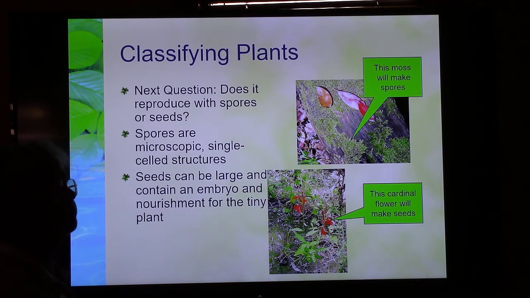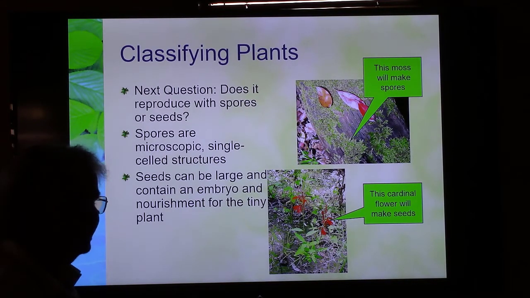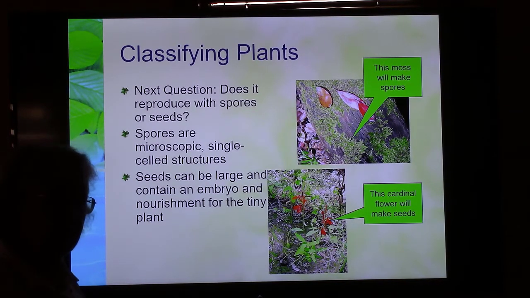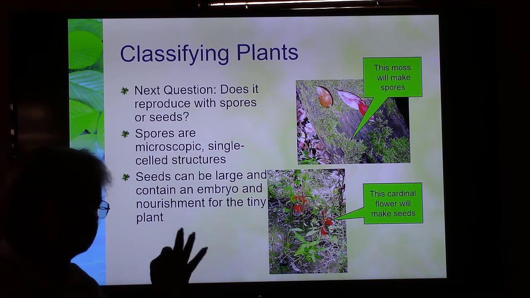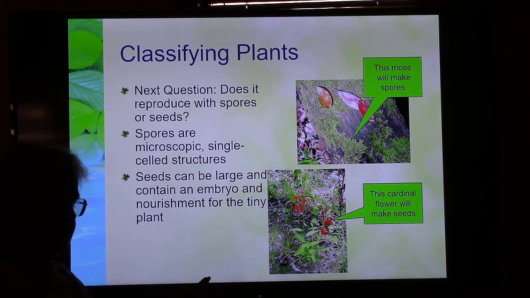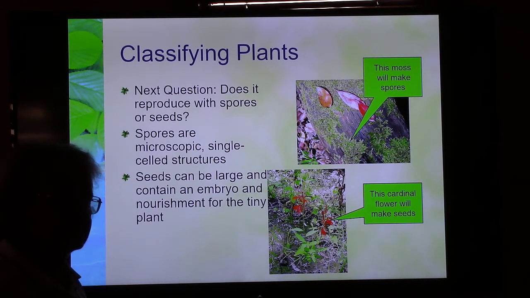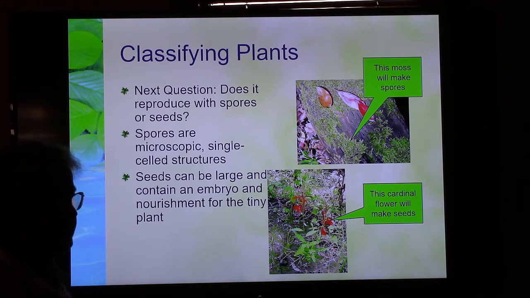Think about the last time you cooked beans. That's a pretty big seed. Inside of it is an embryo, and it'll sprout and it will nourish that little tiny plant from what is in that seed. The spore has got to start nourishing itself immediately. There's no stored food for it.